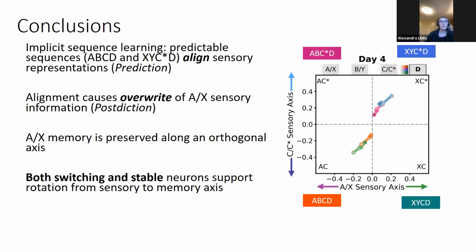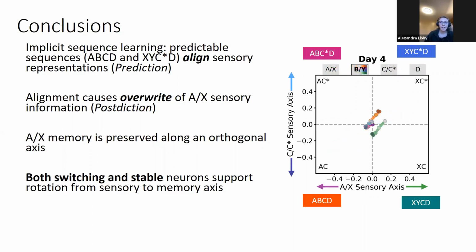And this basically let the animal represent a prediction of whether C or C prime was most likely going to be played at the beginning of the sequence. But this alignment causes an overwrite of the AX sensory information when the C or C prime comes on unexpectedly. So in other words, if you had an area of the brain that was using that initial AX sensory axis to decode the memory, it would fail on unexpected trials.